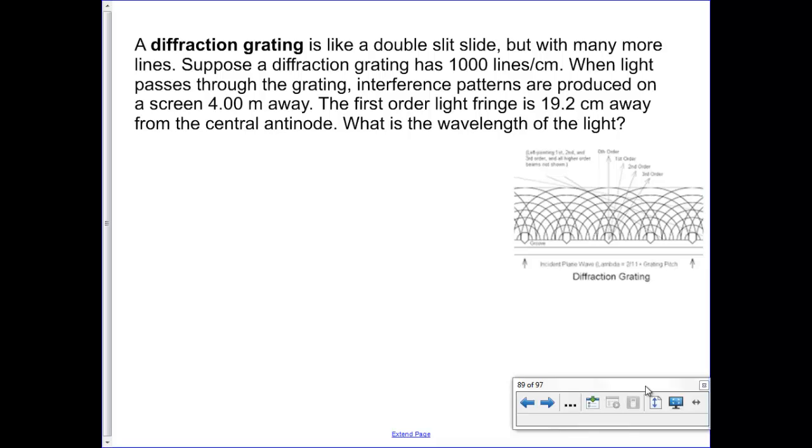If you get a question on a diffraction grating, it's not really that different. They're just probably going to give you this number here. They're going to tell you how many lines there are per centimeter. So imagine a centimeter, and they've etched 1,000 lines inside there. That's how much it was supposed to be. So this right here is actually helping you to find the distance between lines.